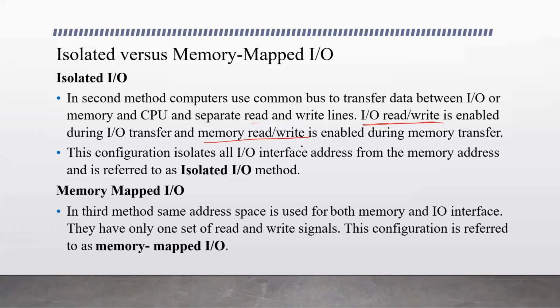By these control lines, this configuration isolates the I/O device from the memory addresses. So this configuration is referred to as the isolated I/O method. Even though the computers use a common bus, the transfer is separated. When the transfer has to happen, it is isolated by these control lines.